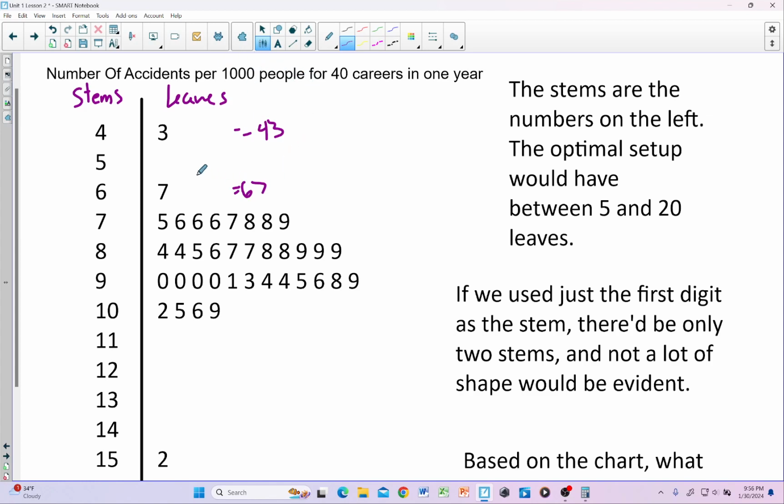Now, you may wonder, why would we do that? Why would we split it up? Well, let's look at the 7 row. The 7 row represents the 70s, and this represents the data points 75, 76, 76, 76, 77, 78, and 79.